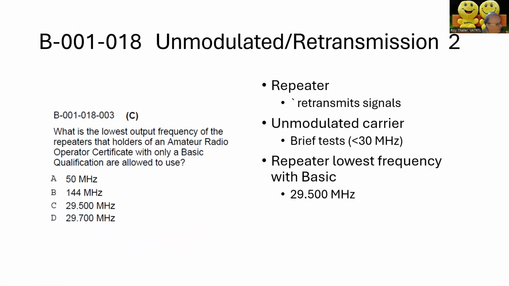What is the lowest output frequency of repeaters that holders of an amateur radio operator certificate with only basic qualifications are allowed to use? So here you would look at this answer here. So the answer would be C, 29.5 megahertz.